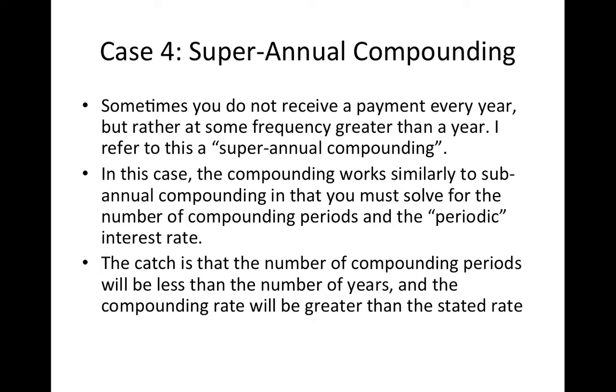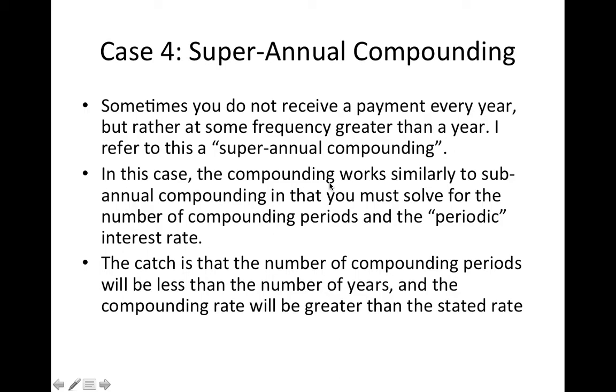Next, we'll talk about what's called superannual compounding. Sometimes you don't receive a payment every year; there's more than a year gap in between. I call it superannual compounding because it's more than a year, and super is the prefix for more than.